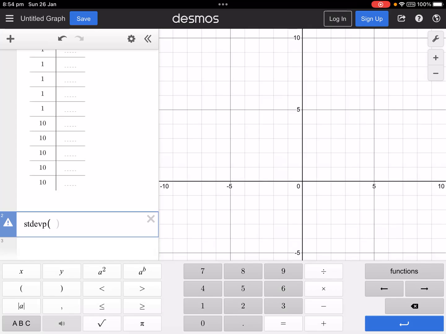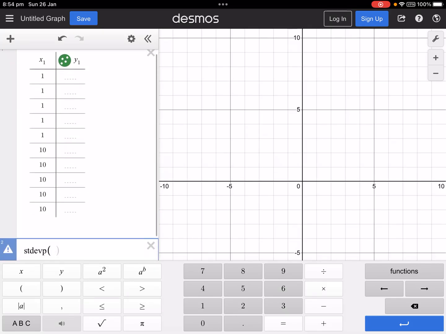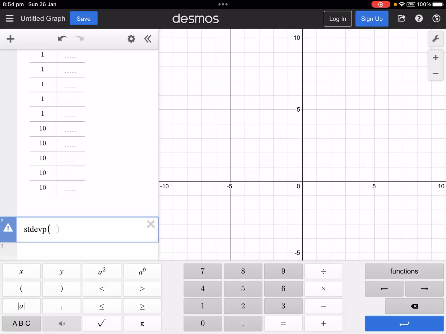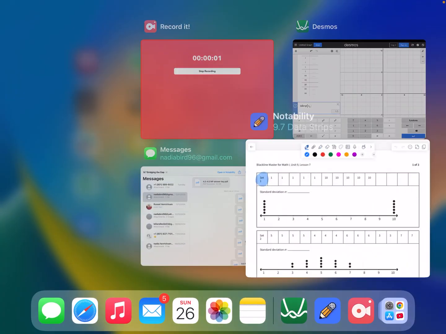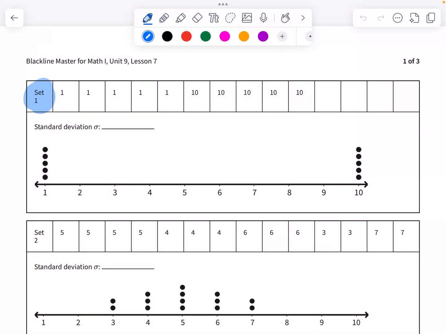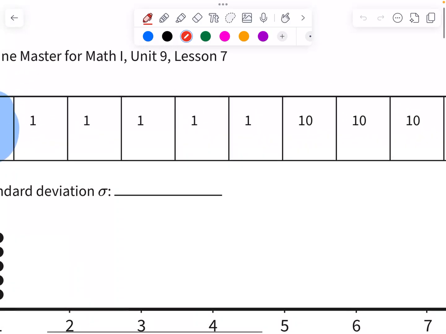Well, it's this data set in this table. It's all those X1 values. So I'm going to type in X1 to find my standard deviation of that data set. So it is 4.5. So I'm going to switch over now to our notes. And our standard deviation is 4.5.